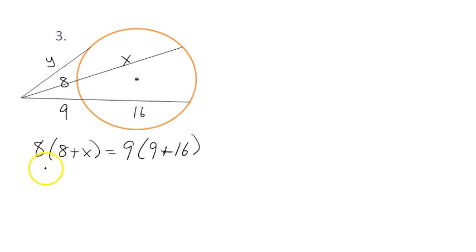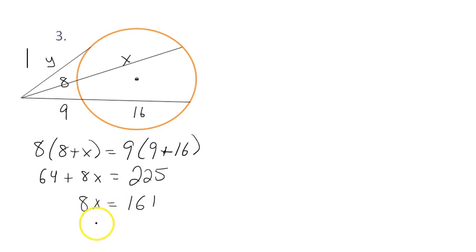So here I can distribute 8 times 8 is 64, 8 times x is 8x, and on this side we would get 225, and then we would subtract the 64, so 161. Let me check my math. And then we would divide by 8, so x will be whatever 161 divided by 8 is. And again, you could get a decimal on that if you needed to.